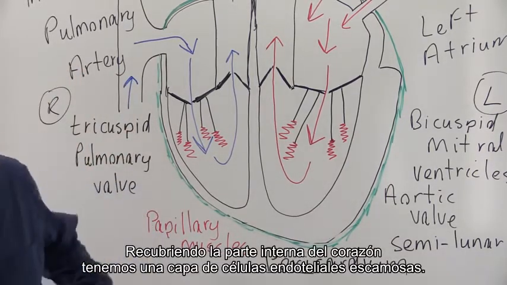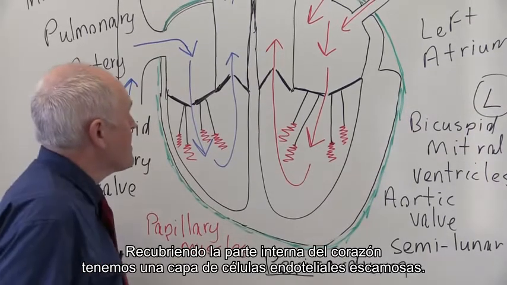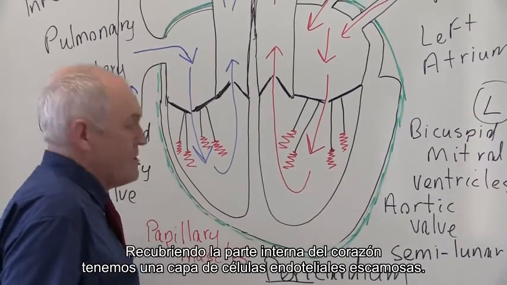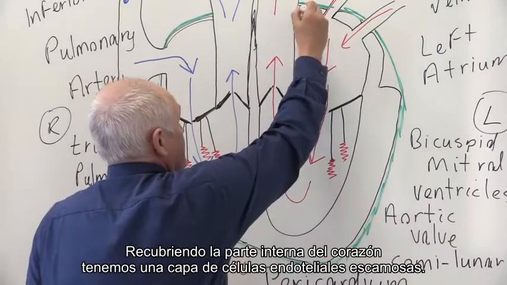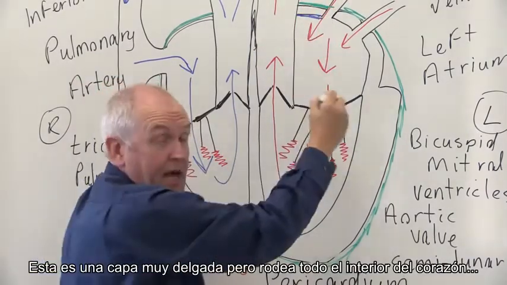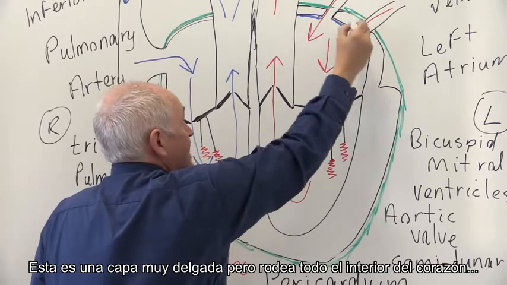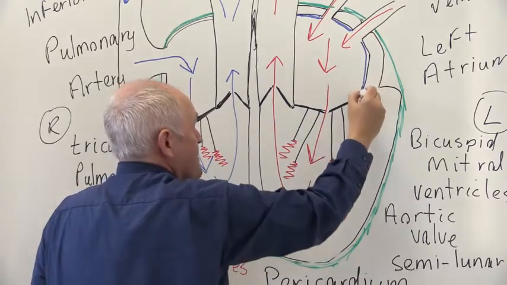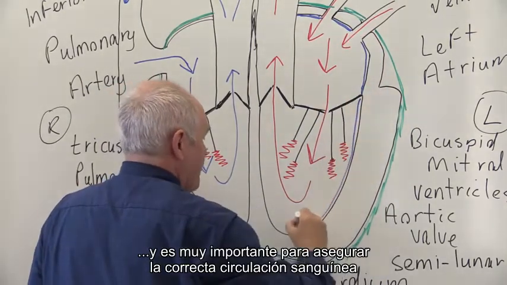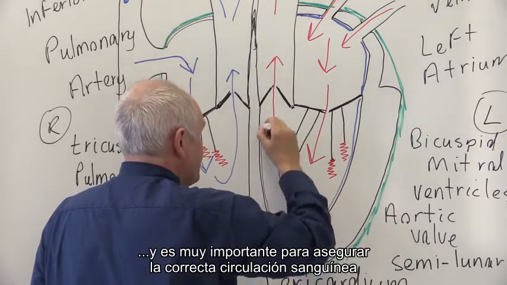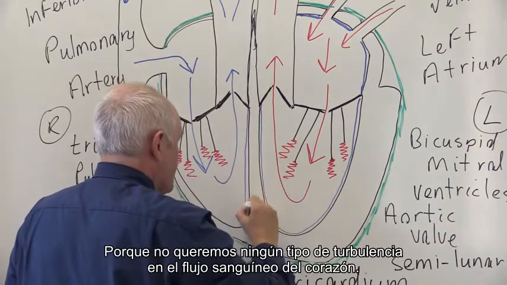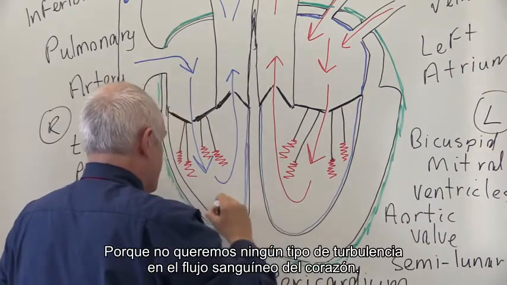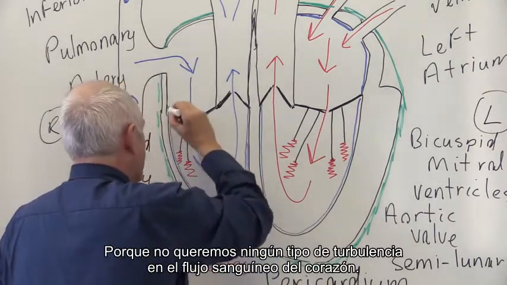Now, lining the inside of the heart, we have a layer of squamous vascular endothelial cells. This is a very thin layer, but it goes all round about the inside of the heart. And this is very important to make sure we have smooth blood flow, because we don't want any turbulence in the blood flow through the heart.